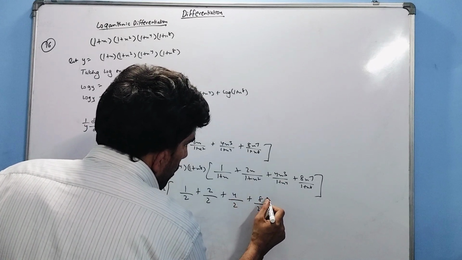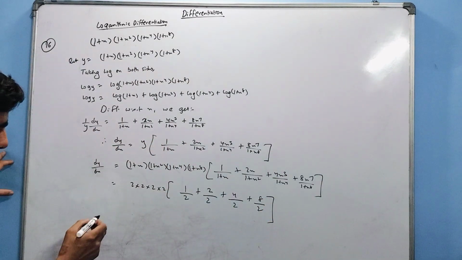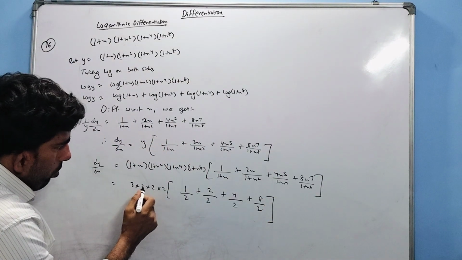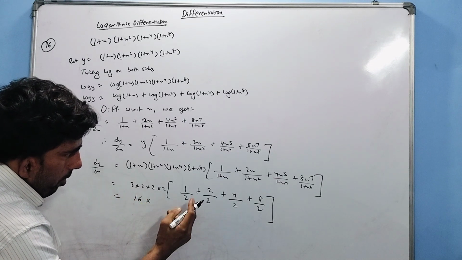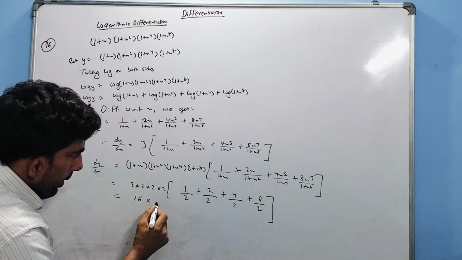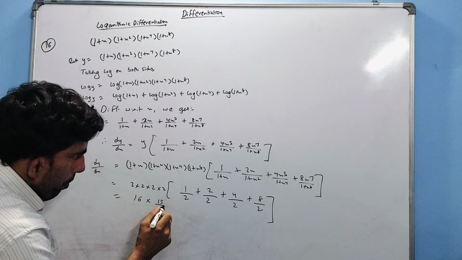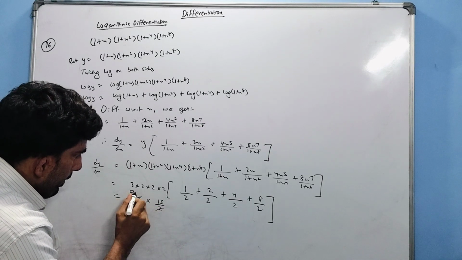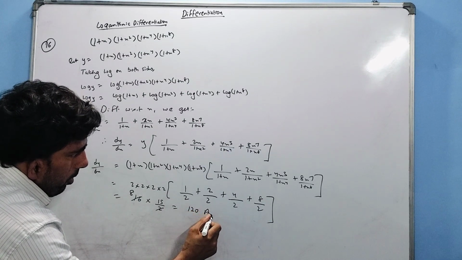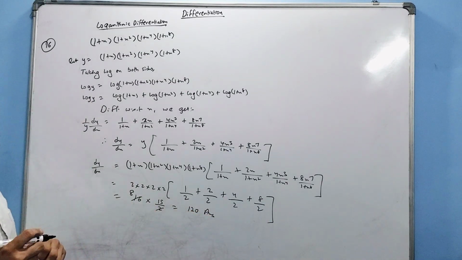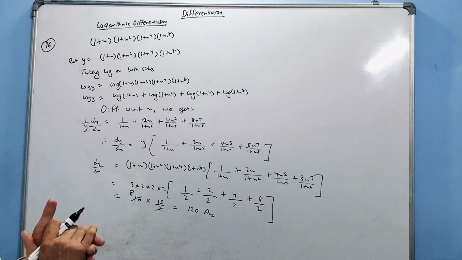Okay, so what do we have here? 2 to 4 into 2, 16 into we have 1 plus 2, 3 plus 4, 7 plus 8, 15 upon 2, 8. So we have 120 is my answer. Okay, so that is how we find the value of f dash 1.